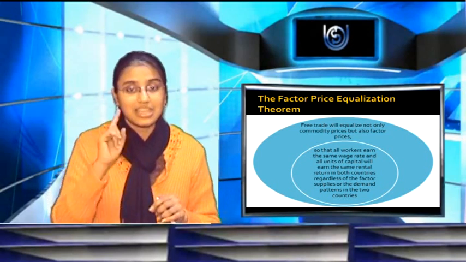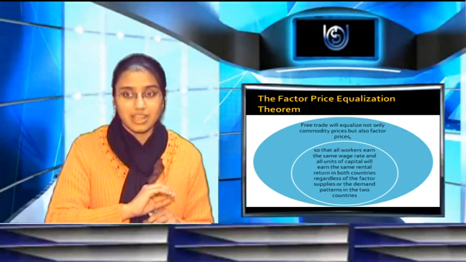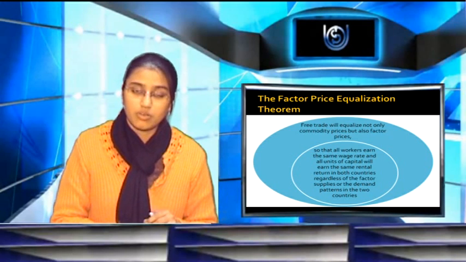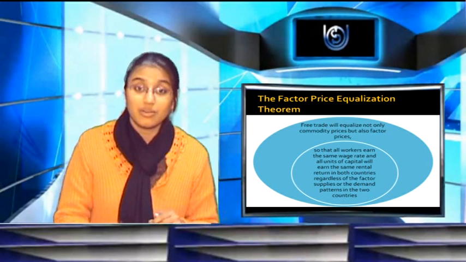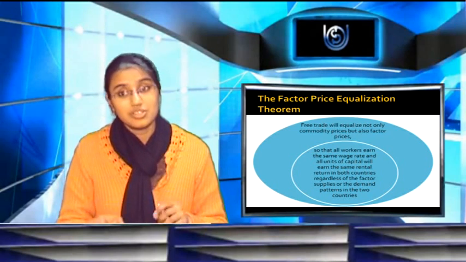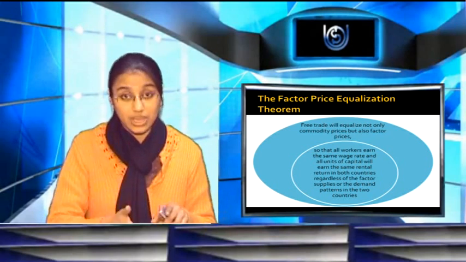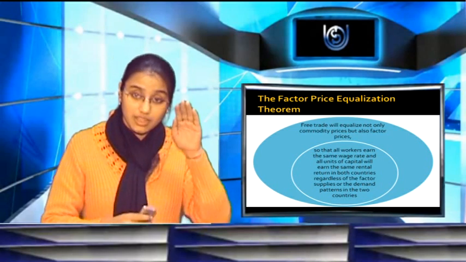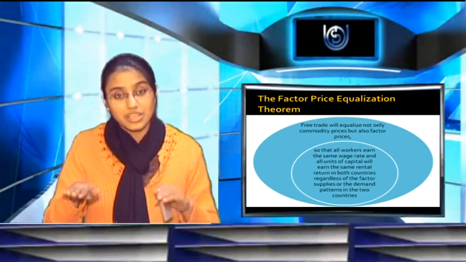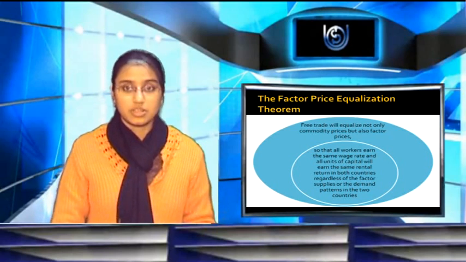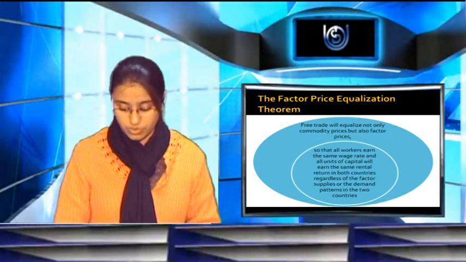So they say that free trade will equalize not only the price of that particular commodity, but also bring the factor prices to an equal level. That means the wage rate and rental of the country are going to be on the same basis. So this is what comes into the factor price equalization theorem.